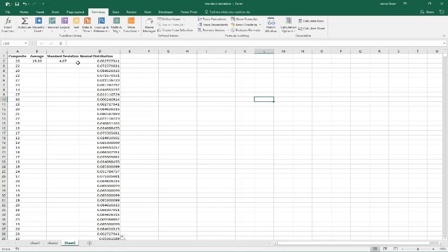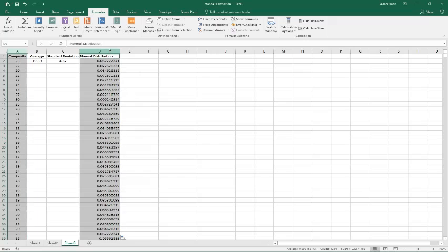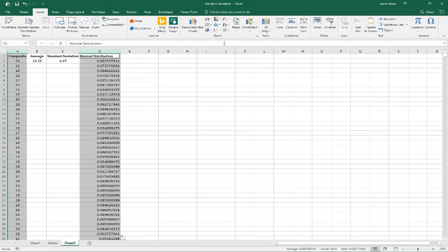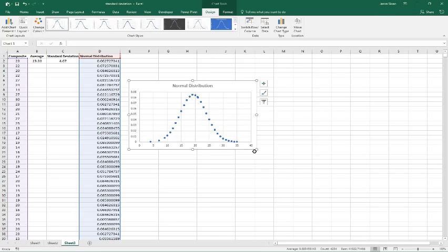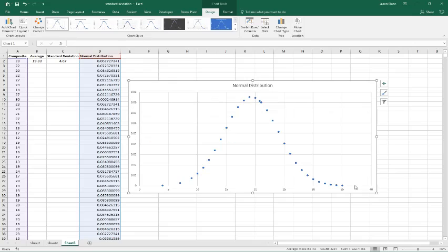So the next step is to highlight both of these columns. We're going to go to Insert, and we're going to choose a scatter plot. You'll see here, this gives us the normal distribution. Now, right away, a couple things we want to do. We're going to come over here, and from an axis standpoint, we don't need the vertical.